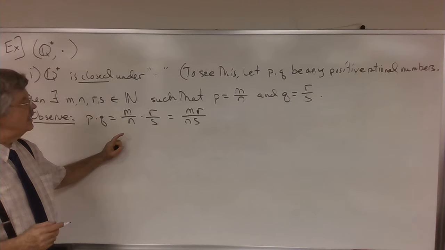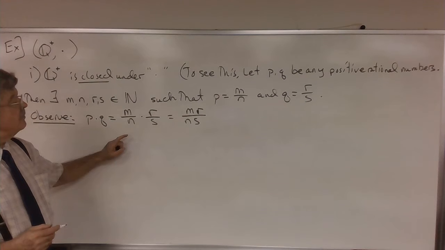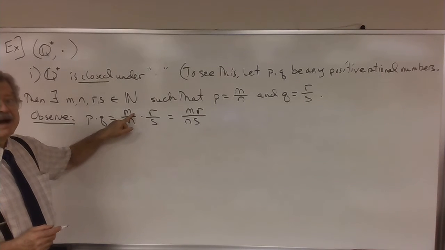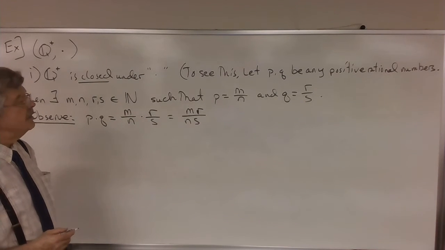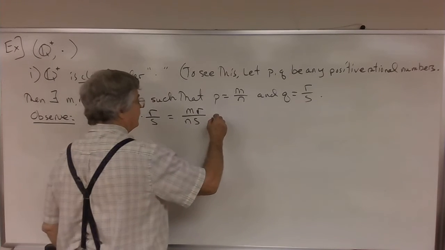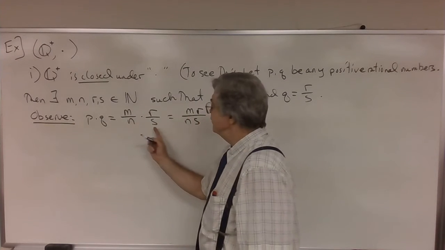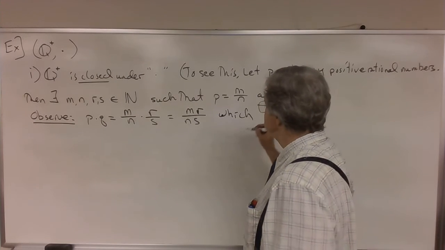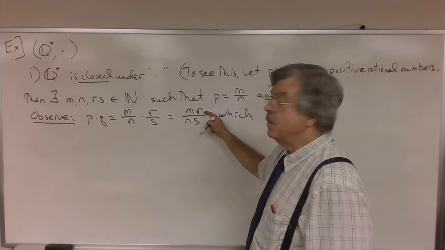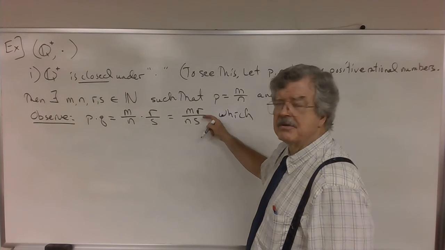Remember, if we multiply integers together, we get integers. And if we multiply natural numbers together, positive integers, we get a natural number. So we note that the product of these two rational numbers is the quotient of integers, more specifically the quotient of positive integers, in other words, the quotient of natural numbers.